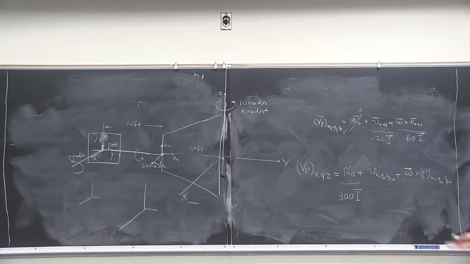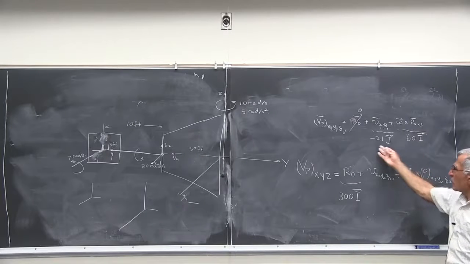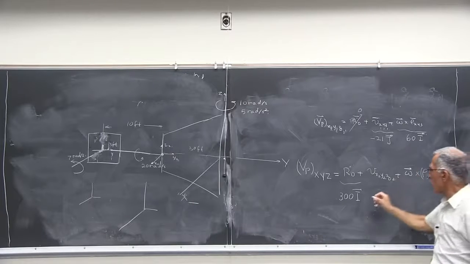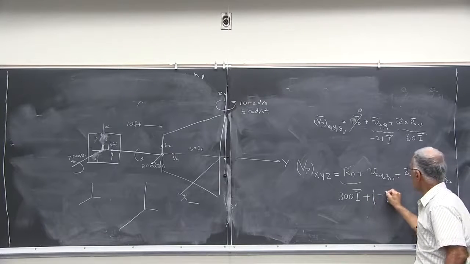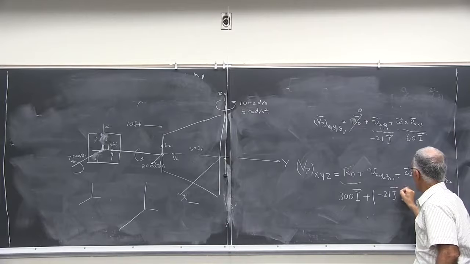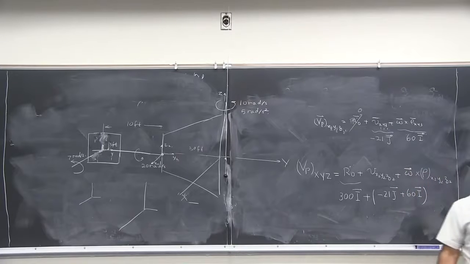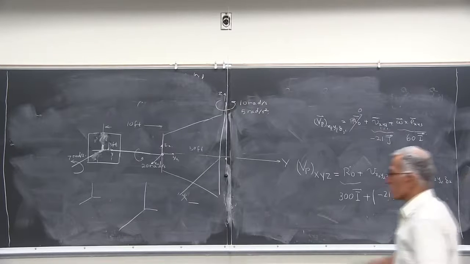Velocity with respect to x2, y2, z2, I already found it. It is minus 21j plus 60i. So I already have that one. Now you have to say omega times, and omega, which is my auxiliary reference frame, is being twisted.